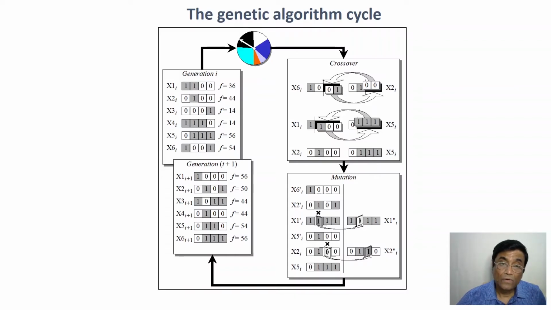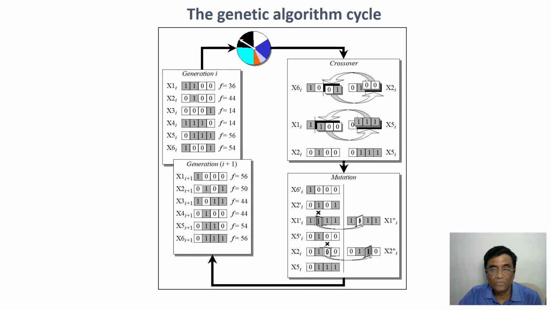Then again, all this population will go to the function, so that you calculate the fresh fitness values, and then again you decide, with 70% crossover probability, you select 4 chromosomes randomly to mate, and another 2 you just keep as they are, which we call clones.